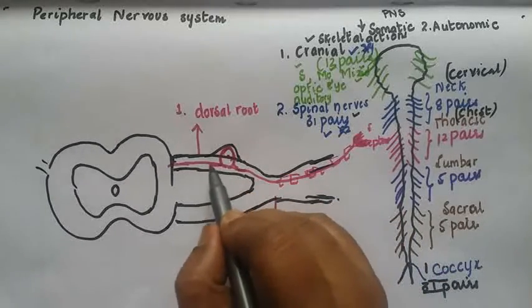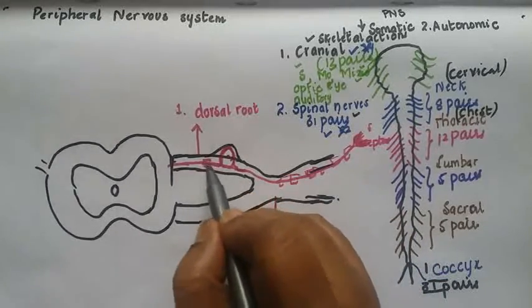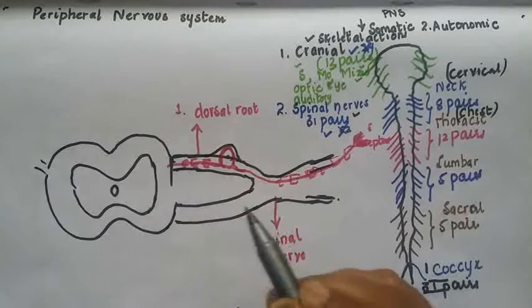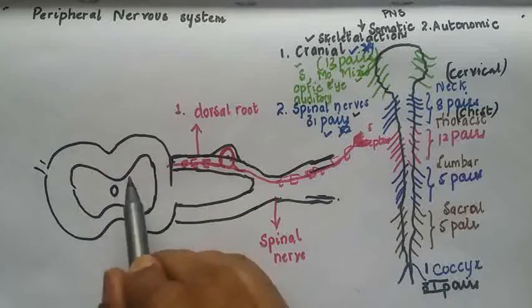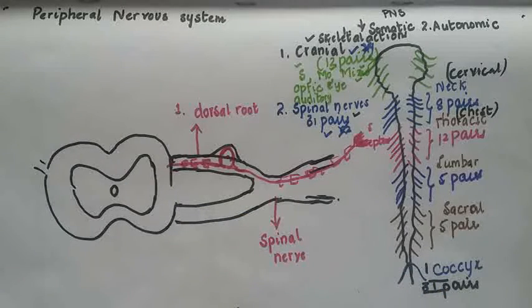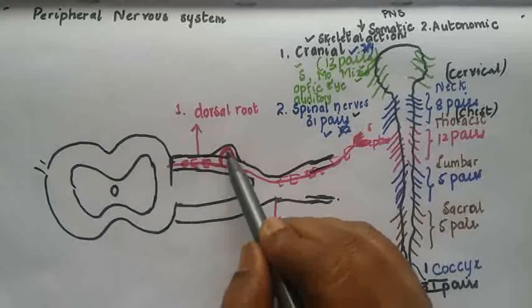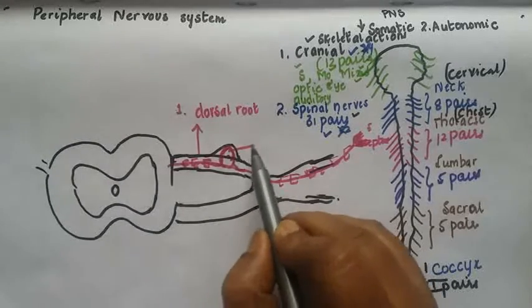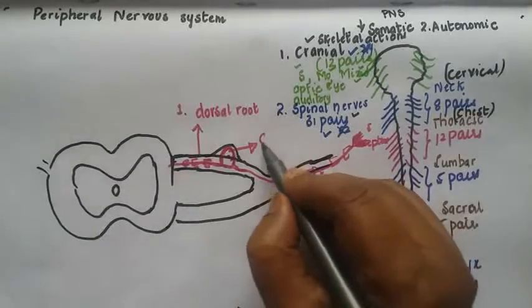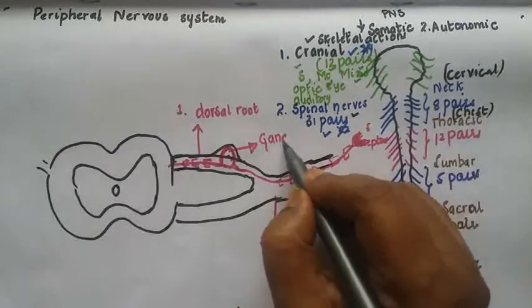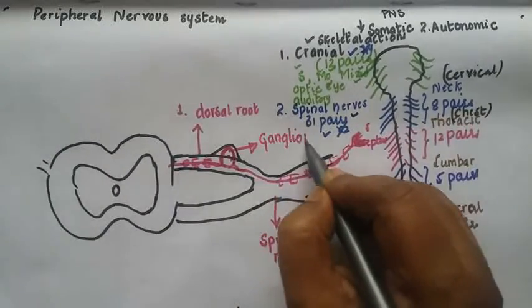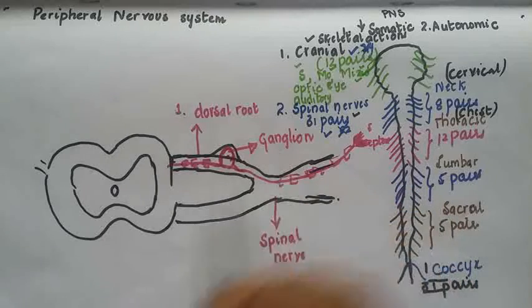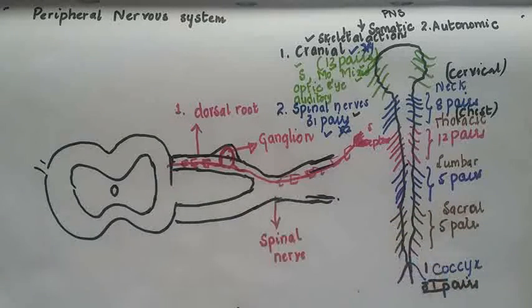And again from the cyton we have one more axon emerging out, which enters into the spinal cord. So what do we have here? Here we have an aggregate of cell bodies, or a group of cytons, and the group of cytons collectively we call a ganglion, right?